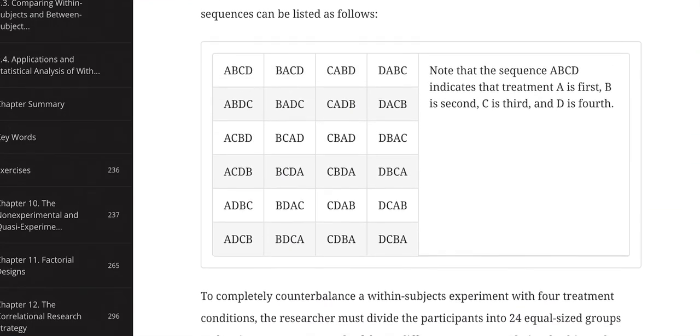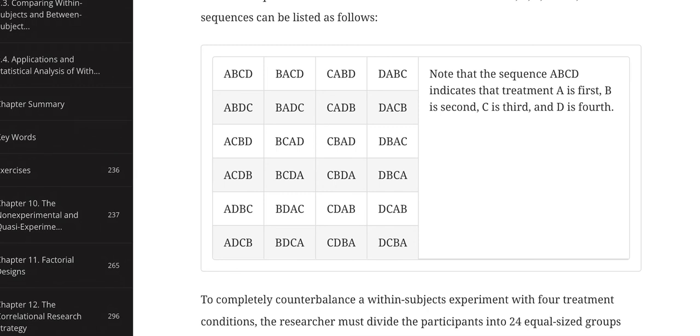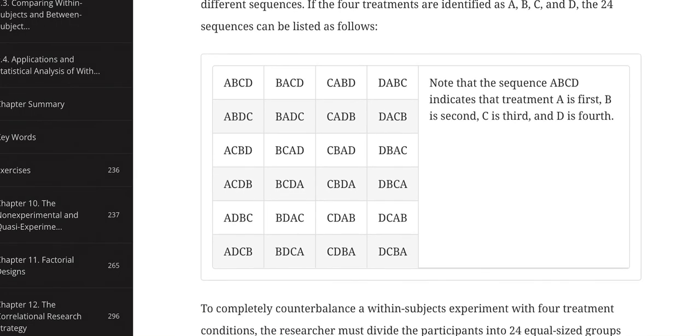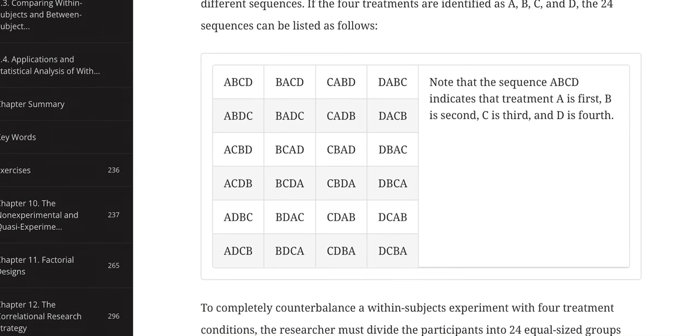And by the way, I want to show you this real quick, is what they were talking about with the 4 factorial, 24 different sequences. So if you have 4 conditions, like what we just looked at, that Latin square, that slide we just looked at with the A, B, C, D, this would be complete counterbalancing.